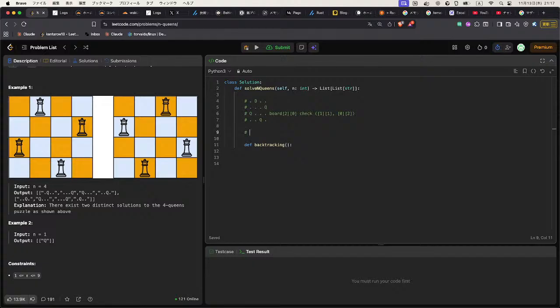Time complexity, that could be so big because when we place the first queen here, we have 4 options theoretically.